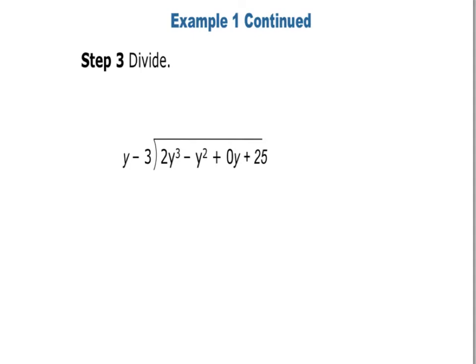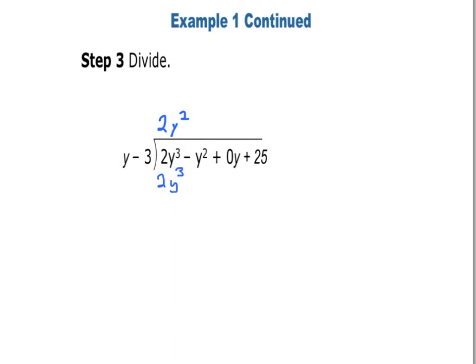Okay, so let's go to the next slide, and let's see how we're going to divide that. In dividing this, what we're going to do first is ask yourself, now just concentrate on the y. I want to know what times y would give me 2y to the third power. Well, that's going to be 2y to the second. Now, if I take 2y to the second times y, that gives me 2y to the third.